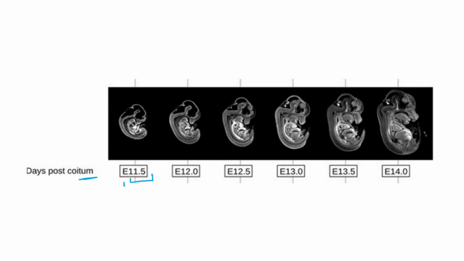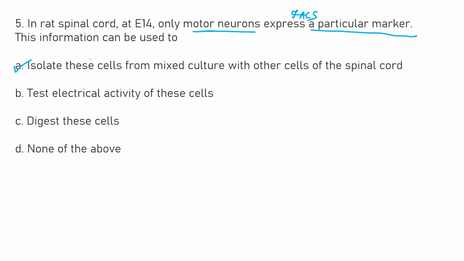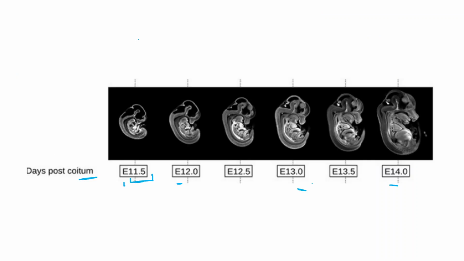So this is embryonic day 11.5, then we have embryonic day 12 and so on, and embryonic day 14, which we were discussing in the question before. At different embryonic stages, different kinds of structures and development happen. On the basis of the different structures developed, we have different embryonic stages. So this E14 mentioned in the question refers to that. All right.